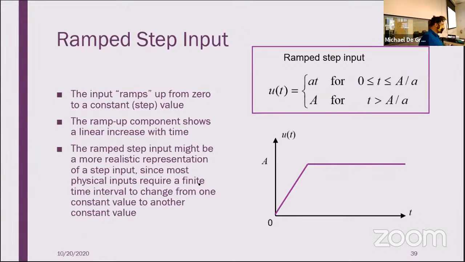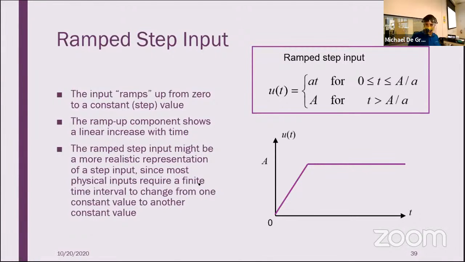Then we have a ramp step. For those situations where an instantaneous step isn't going to cut it, it's not going to predict our dynamics accurately enough, we can generate a ramp step. So we have a ramp that goes up until it reaches a certain level and then plateaus. If you thought this is just going to look like the equation for a step plus the equation for a ramp, then yep, 100%.